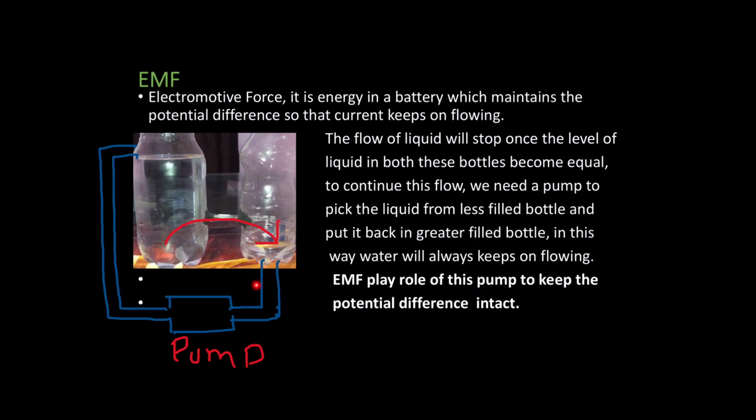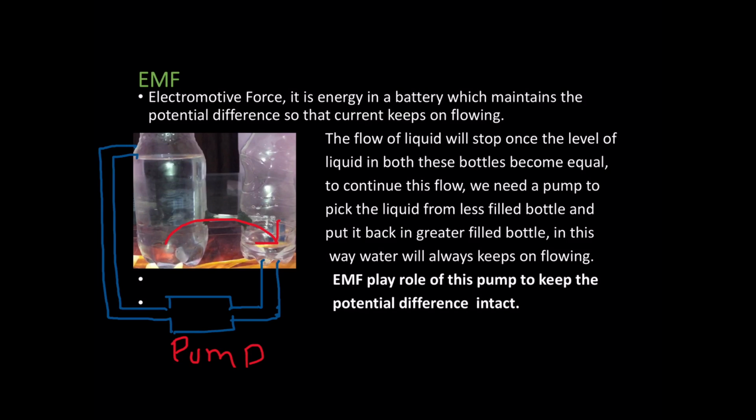So who is doing this work? This pump is doing this work. The pump is basically maintaining the difference of liquid levels in these two bottles. Basically, this is the function of EMF. EMF does the work to maintain the electric potential difference.